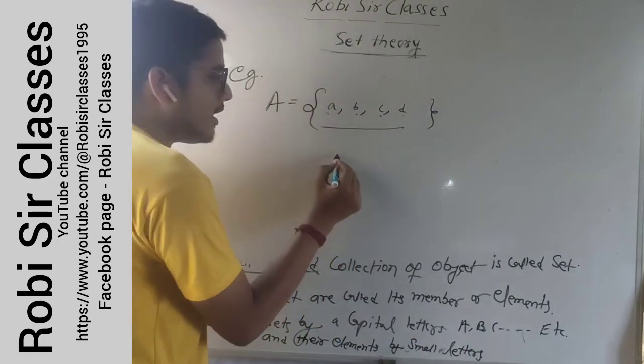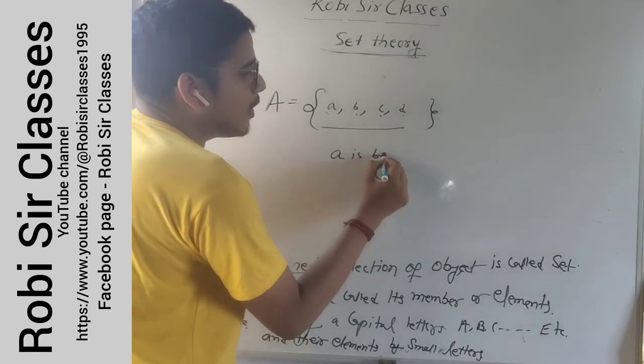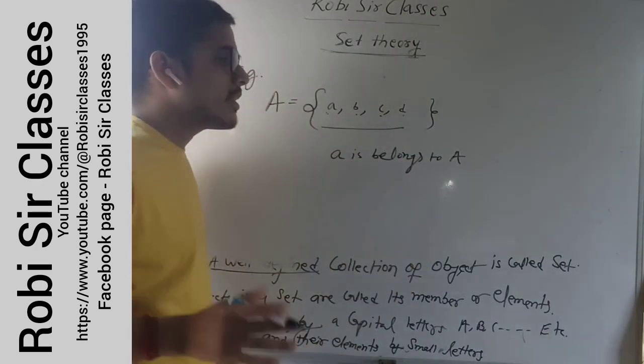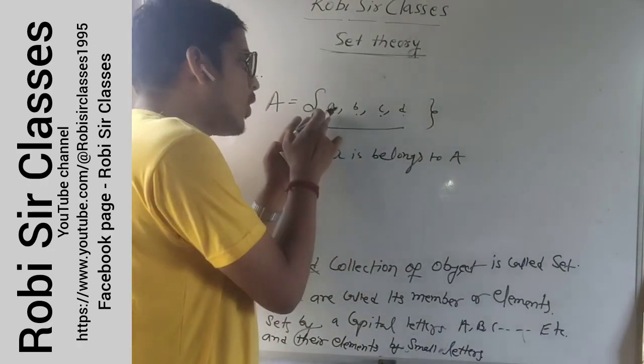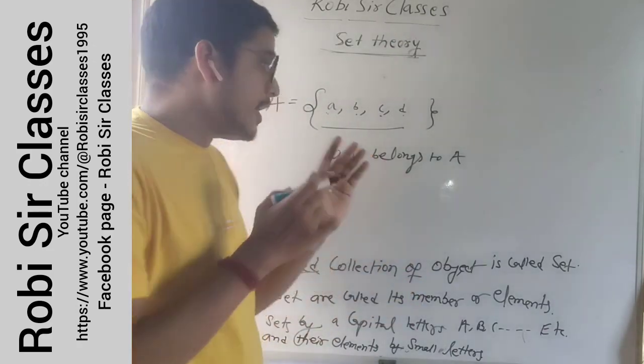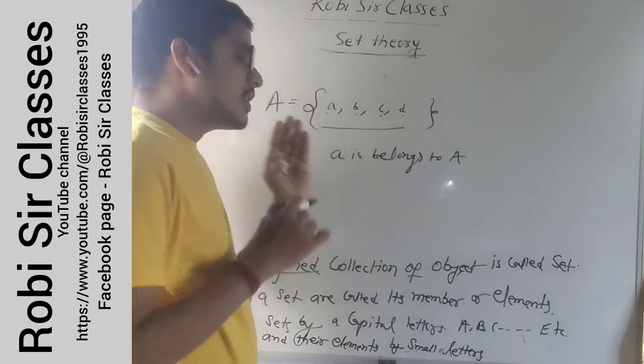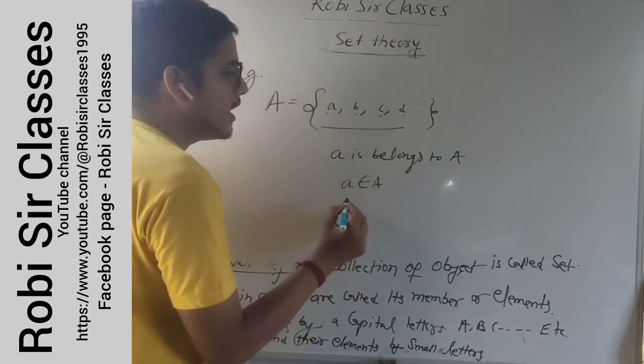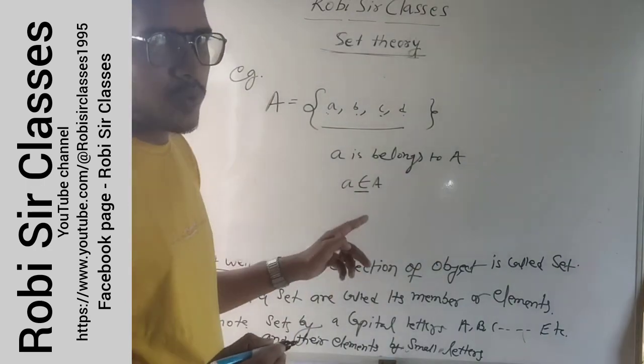Then a belongs to A. That means small a is the element and it belongs to A. Therefore you can write a belongs to A. This symbol is known as belongs to.